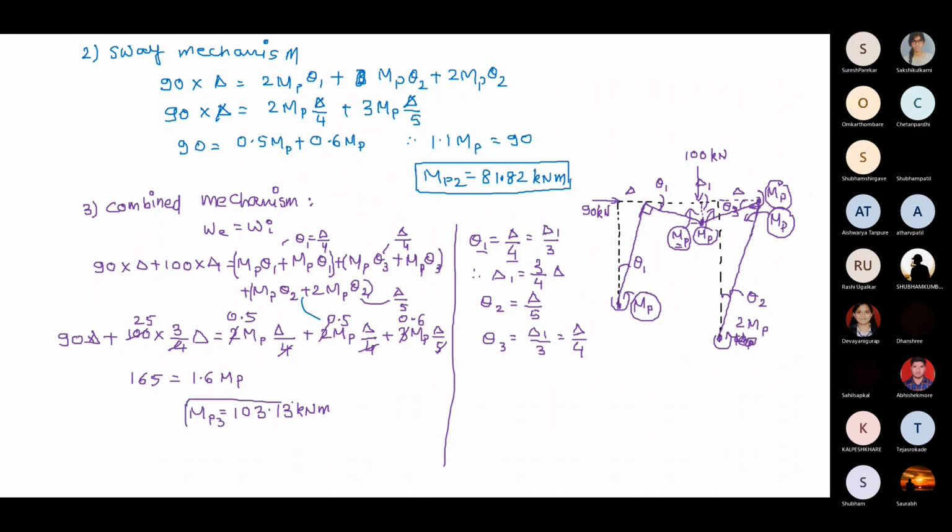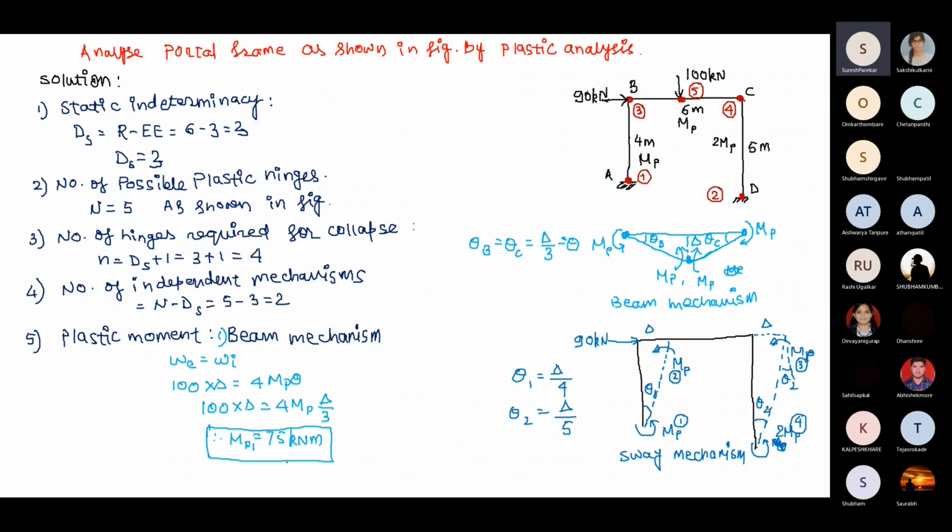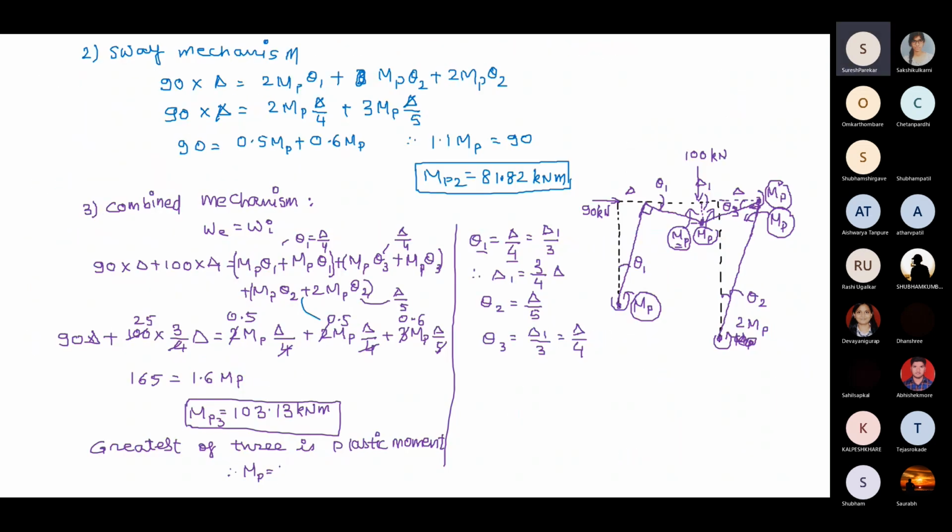MP3. And greatest is plastic moment. And therefore MP is equal to 103.13 kilonewton meter.